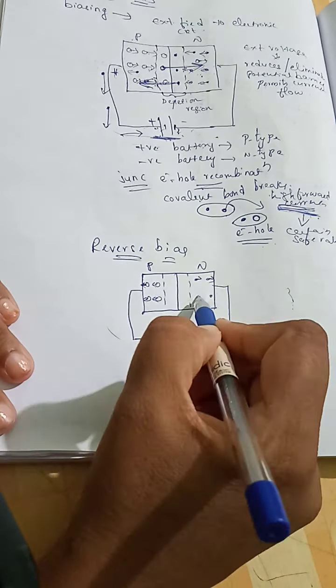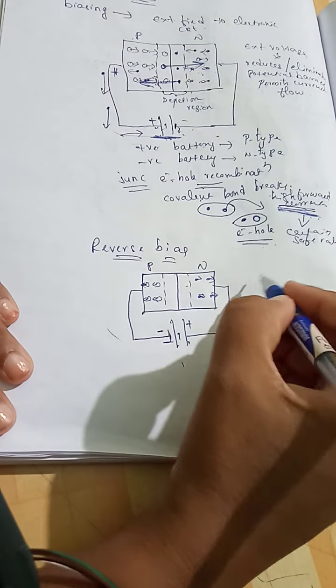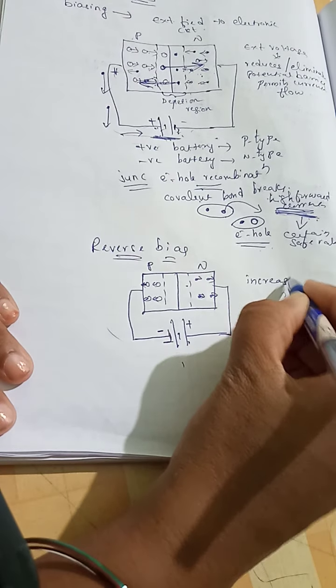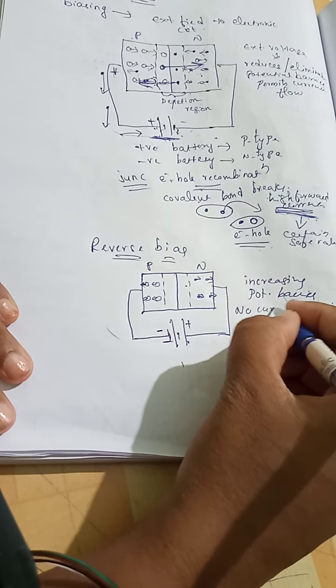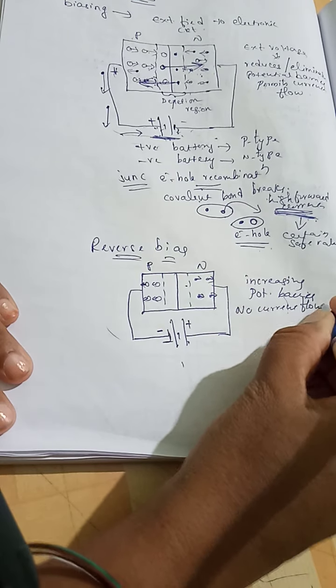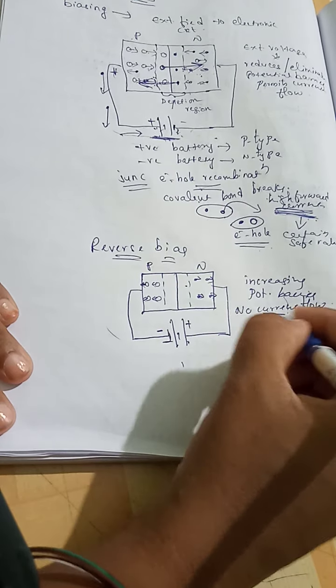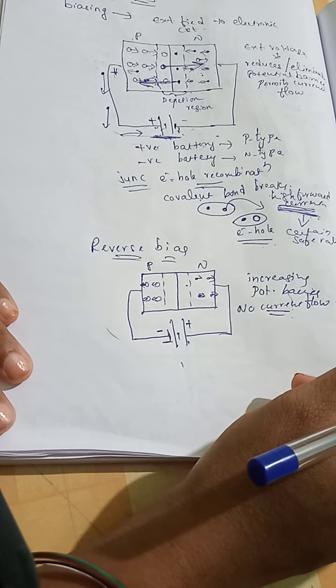This means the applied external voltage is increasing the potential barrier. As it is increasing the potential barrier, there must be no current flow. Right? This is about reverse bias.